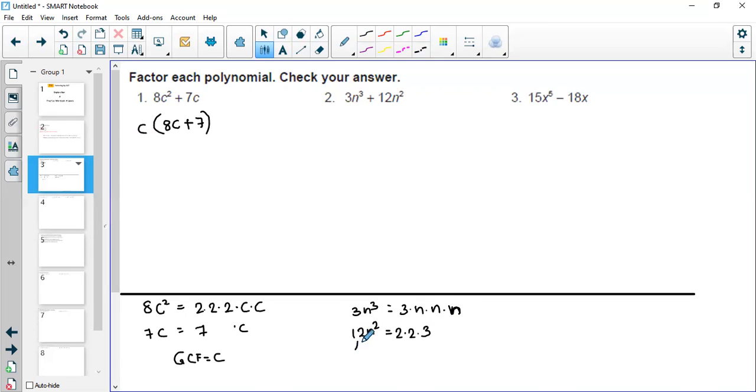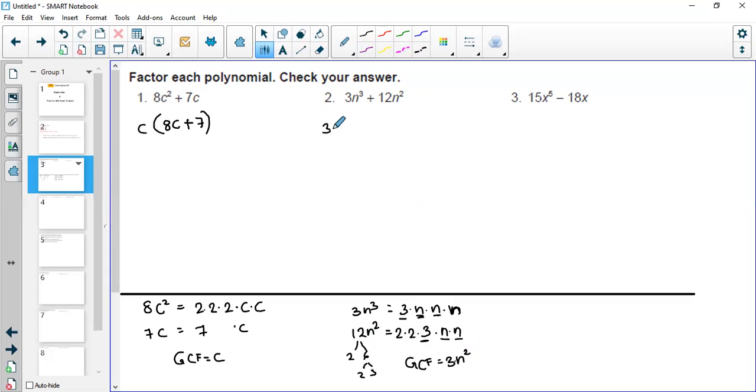Now if you are wondering how I'm getting this, it's simply this, but by now you need to learn how to do it mentally. So this is going to be n multiplied by n. So we have a pair of 3 common, so the GCF is going to be 3 multiplied by, and then we have 2 pairs of n's common, so that means it's going to be 3n squared.